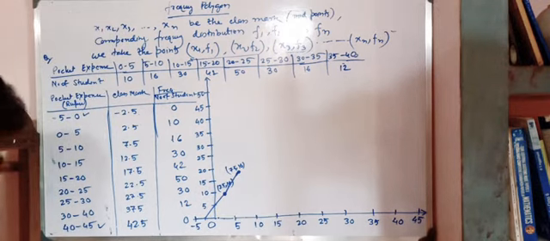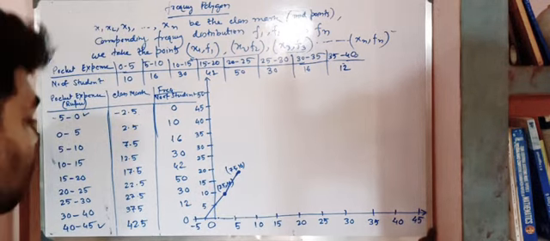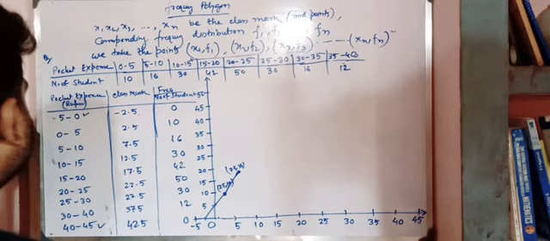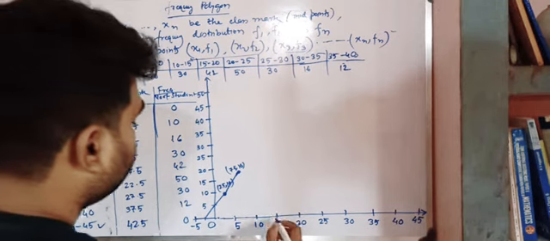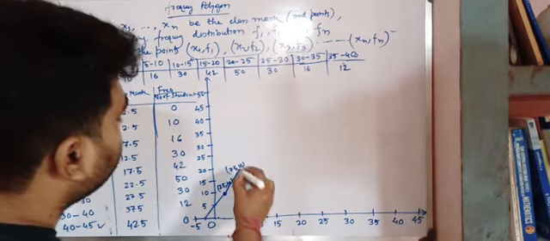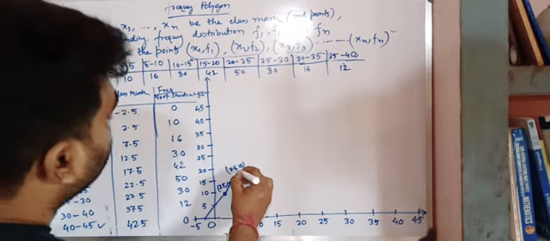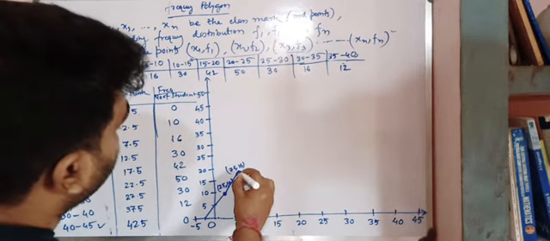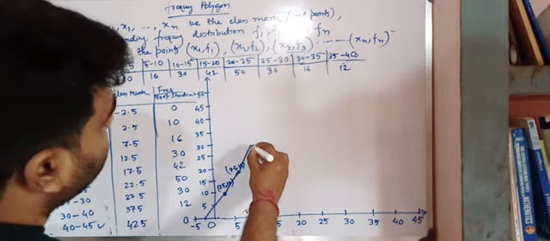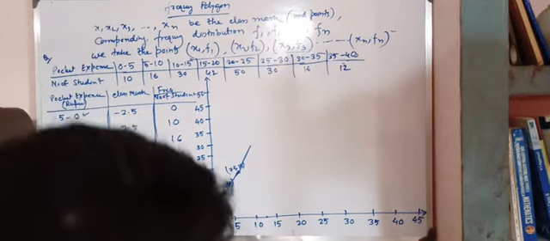Next 12.5, 30. That is the midpoint of here, and we have to reach here by going along this line. Okay, so I think this is where we have to reach.